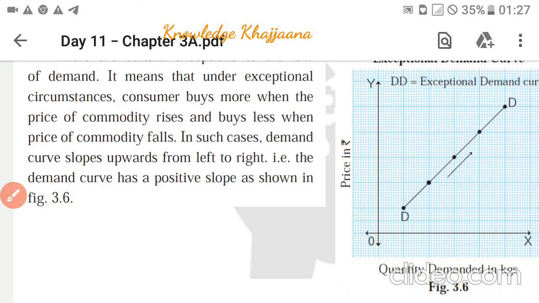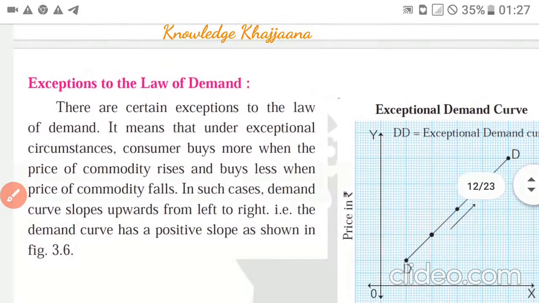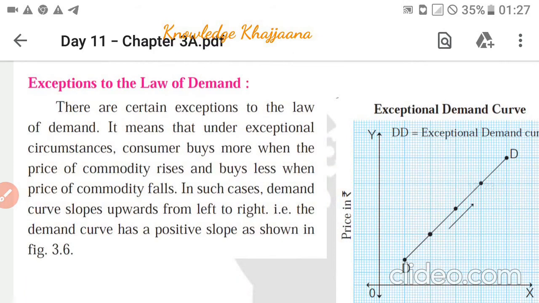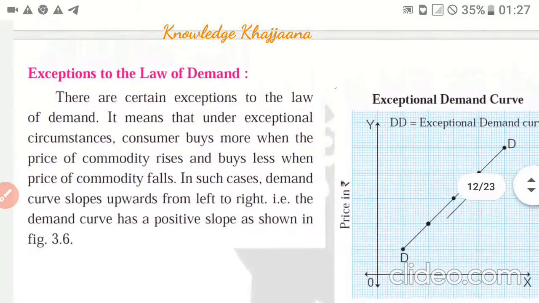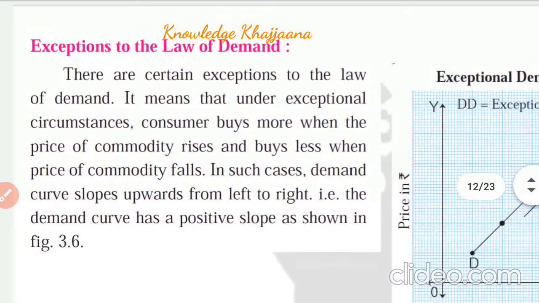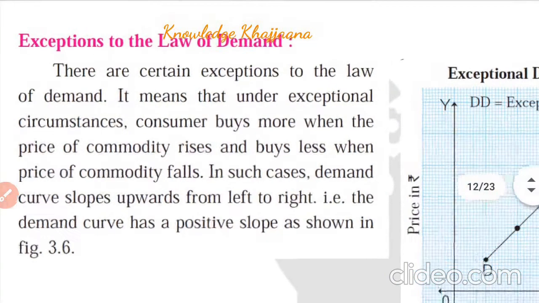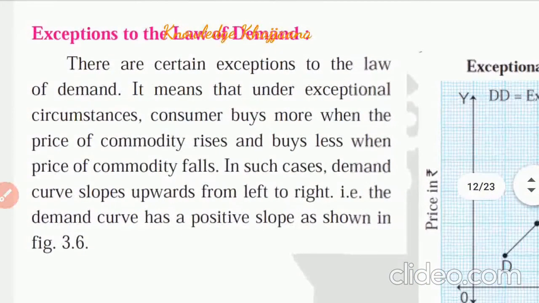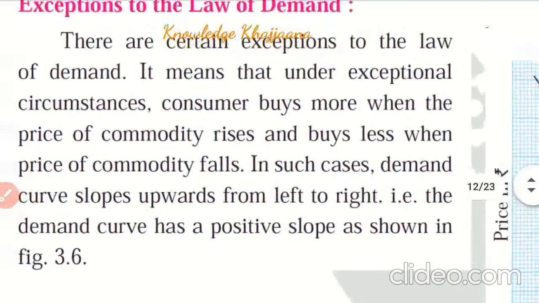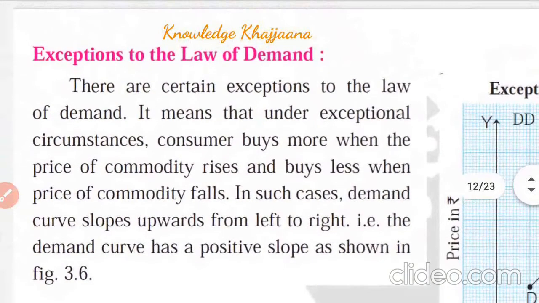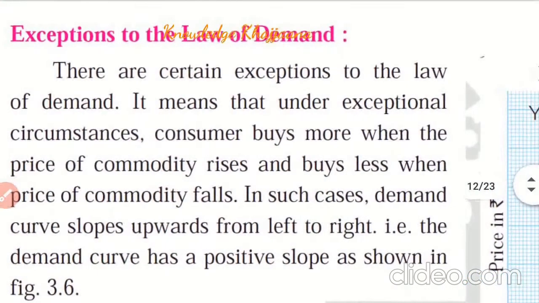Then what is meant by the exceptions? Exceptions means the reasons where any law gets violated, when any law doesn't stand true, or it falls, then only it is called an exception. So there are some exceptions also to the law of demand, because the law of demand was based on some assumptions.